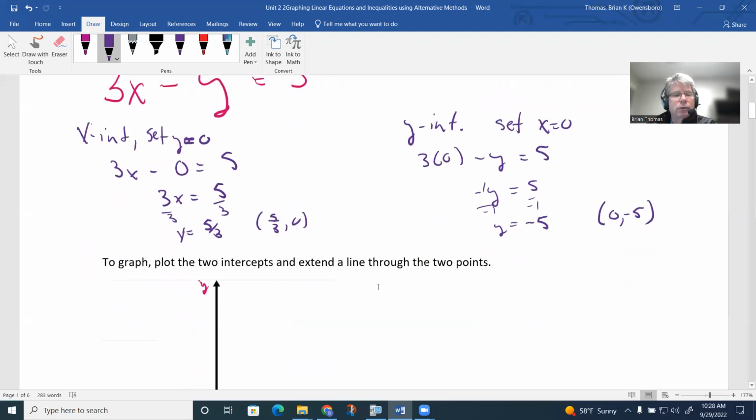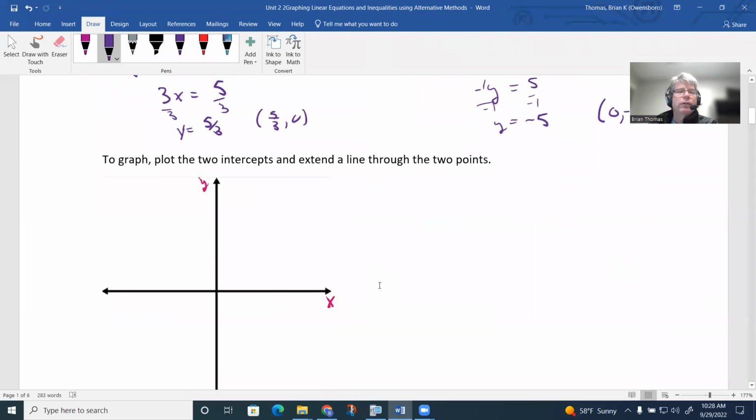So if I want to graph the equation, to do 5/3, my x-axis is going to have to be in thirds. So I'm going to make little tick marks: 1/3, 2/3, 3/3, and so on.